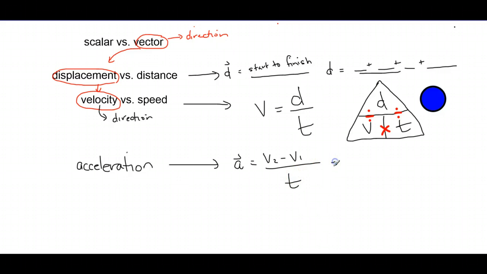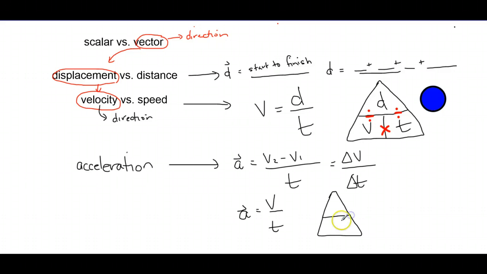Another way of writing this is just change in velocity divided by change in time. And so that looks like this. And we had another magic triangle. So all of these are going to be on your formula sheet, don't worry. You just need to know how to use them. So acceleration equals velocity over time.